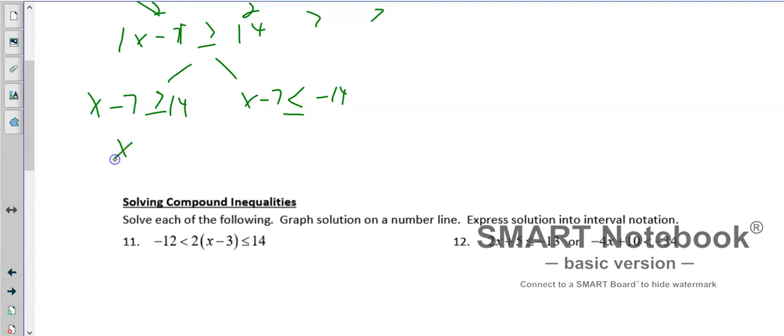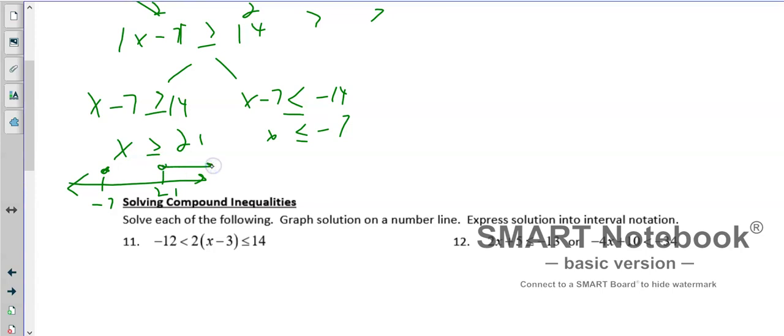So x is greater than or equal to 14 plus 7 is 21. And when I add 7 here, x is less than or equal to negative 14 plus 7 is negative 7. So on a number line, I mark my two numbers. Negative 7 is on this side. 21 is here. They're both solid dots.